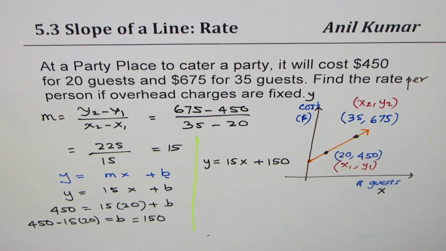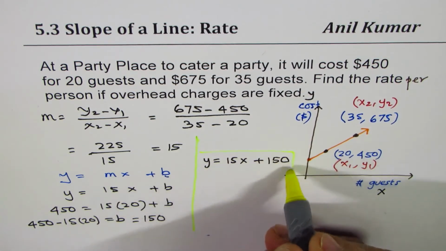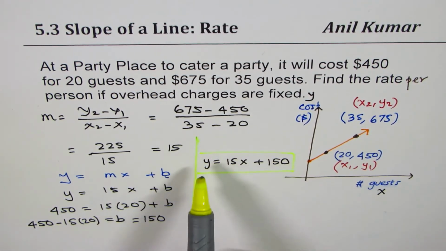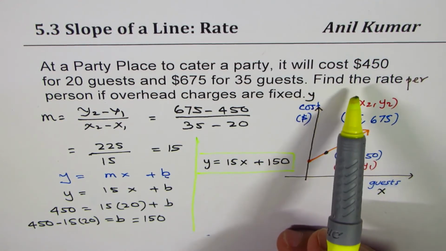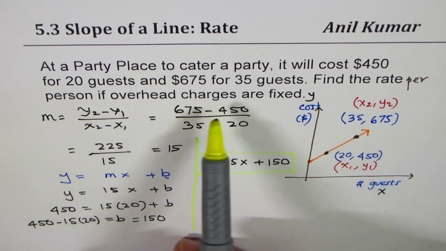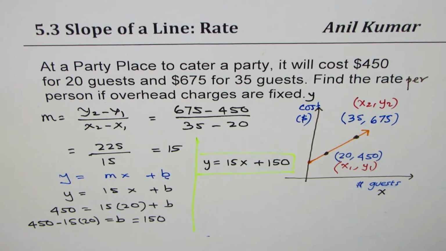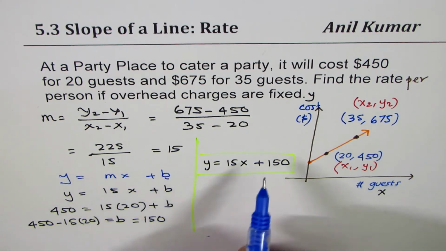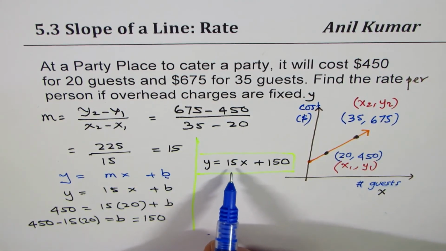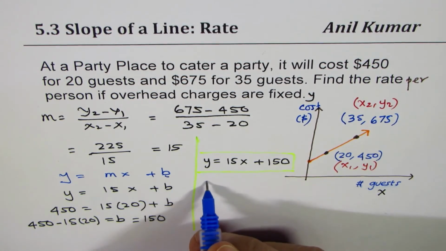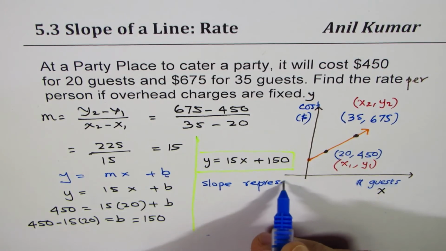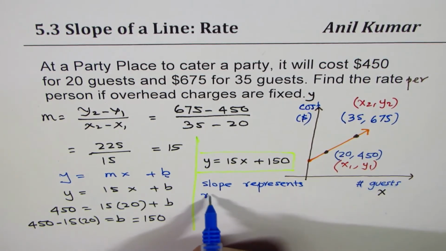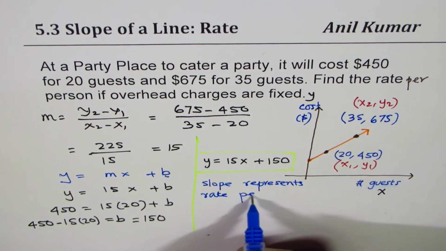Now can you answer the question? What does that mean? y is the cost, x is the number of guests. It says find the rate per person if overhead charges are fixed. Well, the rate per person is $15. That is the rate, m, the slope. So the slope here represents the rate per person.